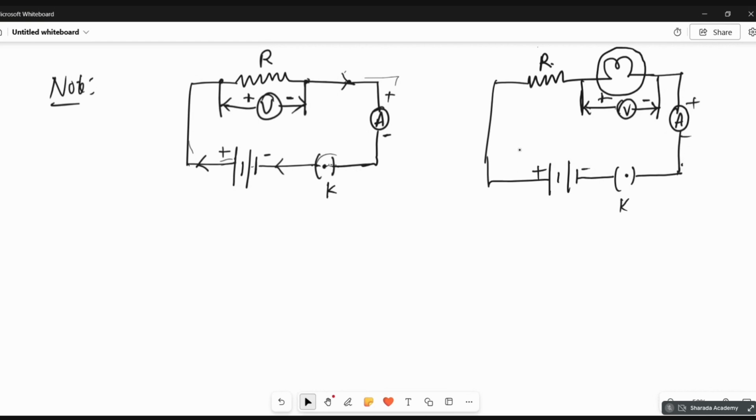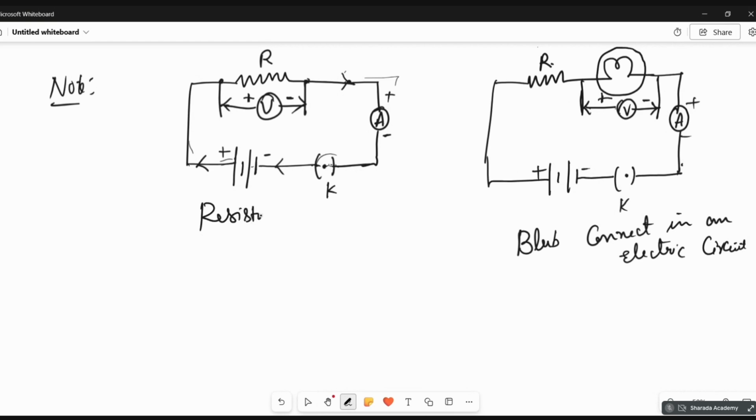You can write: bulb connected in an electric circuit, and resistor connected in an electric circuit.